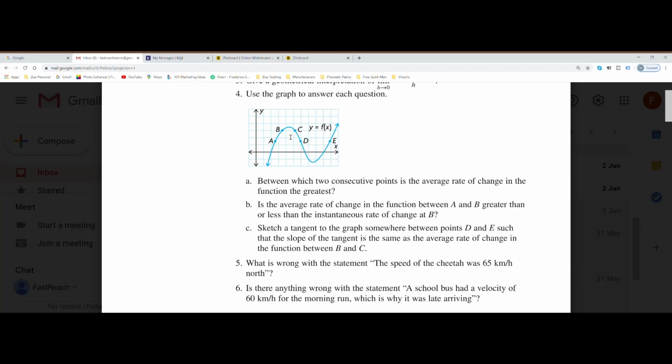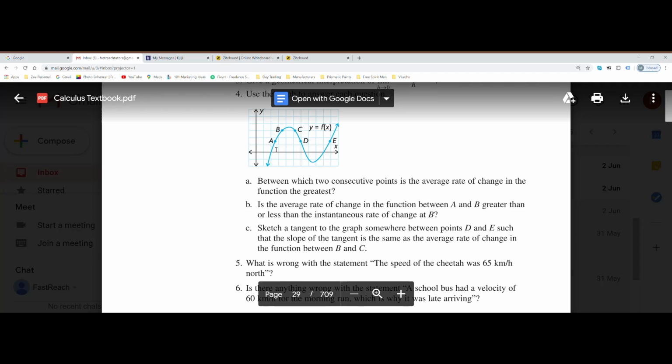The secant between A and B is actually steeper than the tangent at B. So just visually, you can see that the slope is less steep than the secant between A and B.